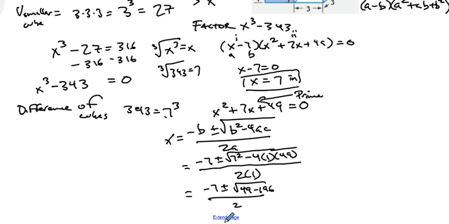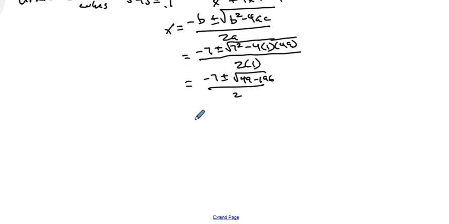So that means that we will have negative 7 plus and minus the square root of, you take 49 away from 196, and it's going to be a negative number. So 6 minus 9 is 5. All right, you turn this into 8, and you get 4, and you get 145. That's what I get.